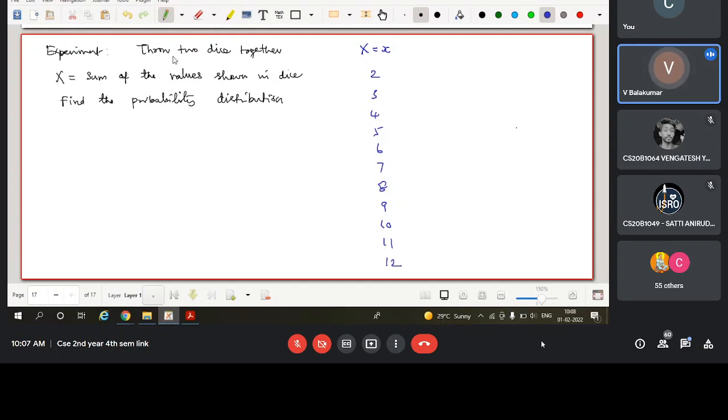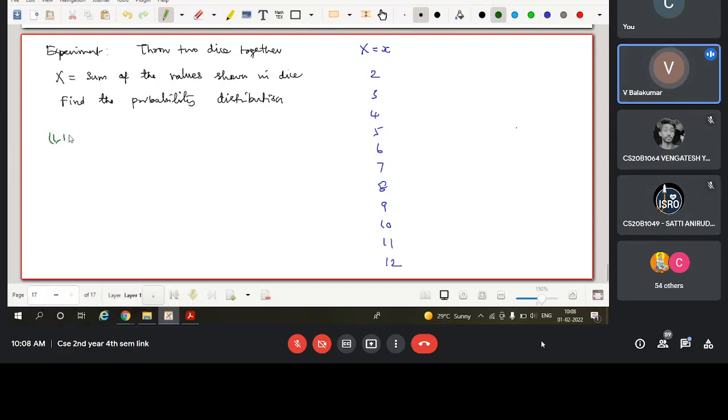Total number of possibilities: 36. There are 36 pairs of values you can have. So what is the favorable case for getting the summation 2? 1 by 36.